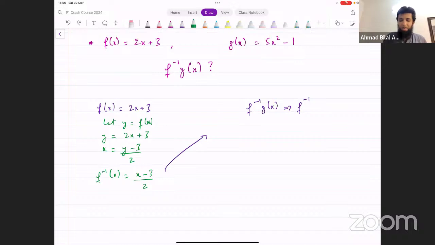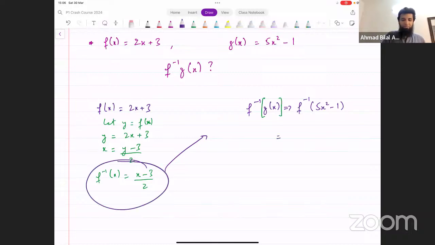So again, you can use brackets like this to understand this better. This composite function basically looks like this. Inside f inverse, you have to input g of x. So what would this become? F inverse of 5x squared minus 1. So inside the f inverse function, you have to input 5x squared minus 1. Now, what does that give you?